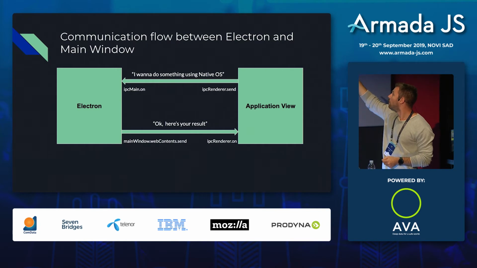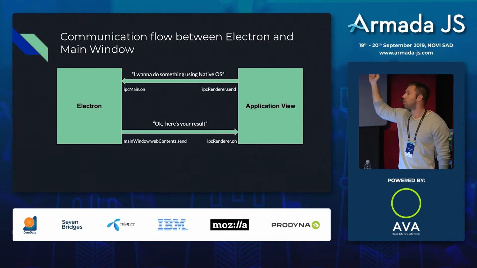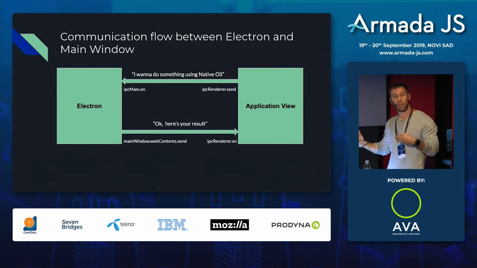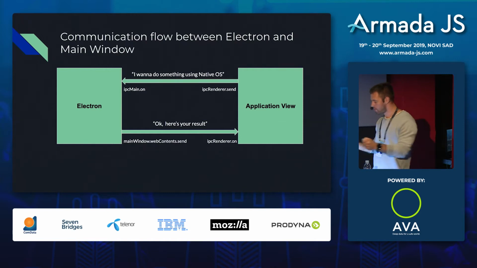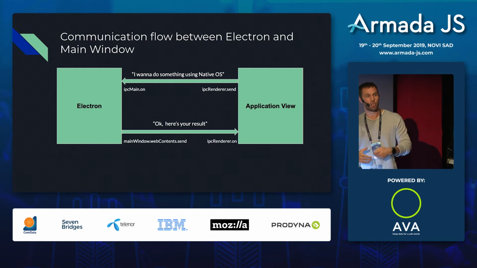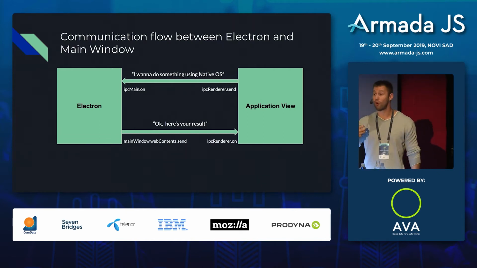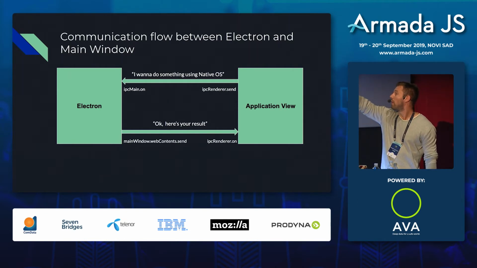First, you need to send an event to the main process: hey, I want to do something using the native OS, or get me that info from the native OS. Then Electron says, okay, give me a second. Electron turns to the operating system, does the requested operation, and when it's finished with the calculation or whatever you requested, it fires an event: okay, here's your result, and you can update your view.